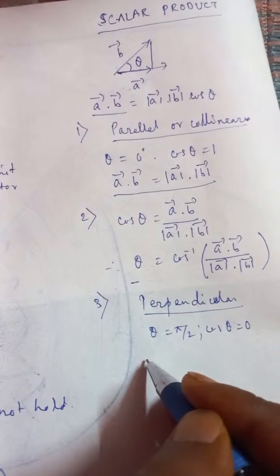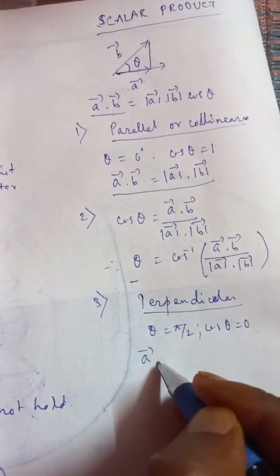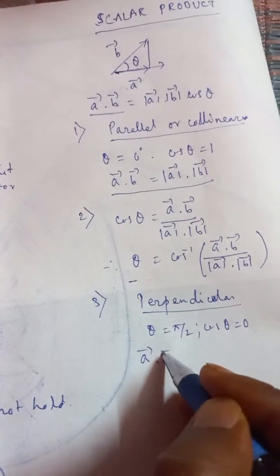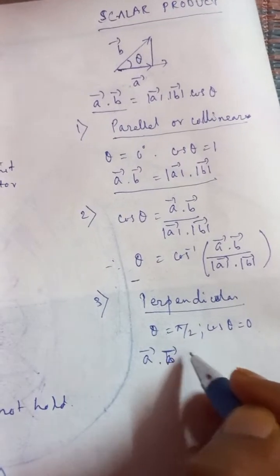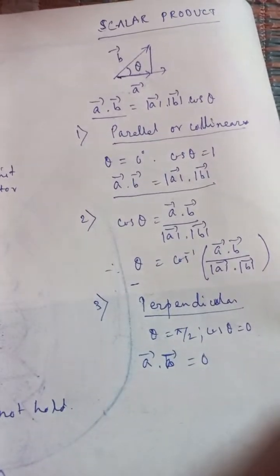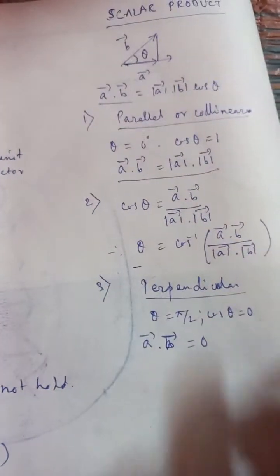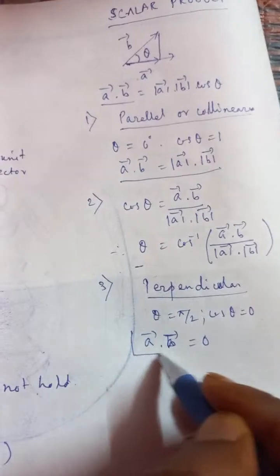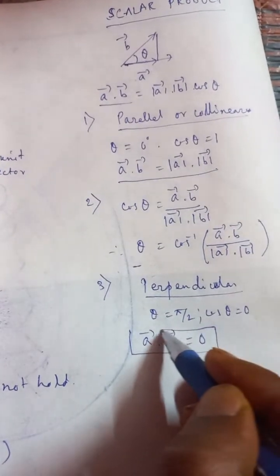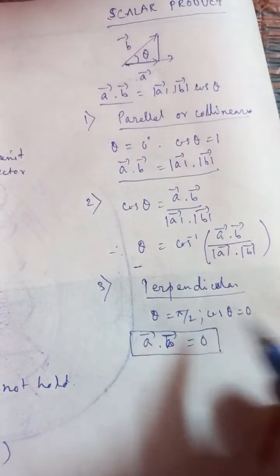Then the dot product of the two vectors will be 0. Under this condition, if two vectors satisfy this, then they are perpendicular to each other.